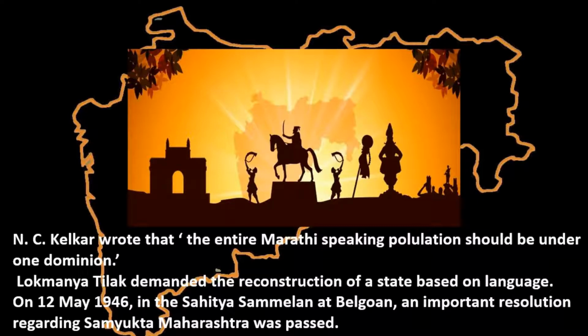Through various changing circumstances, this movement progressed, and finally on 1st May 1960, the state of Maharashtra came to be formed. So, students, let us see the background of the formation of the state of Maharashtra at first.